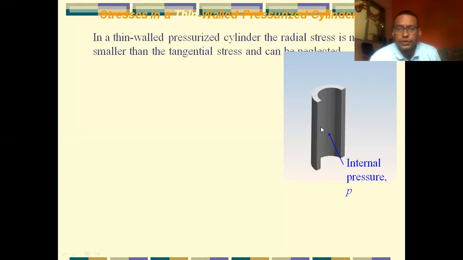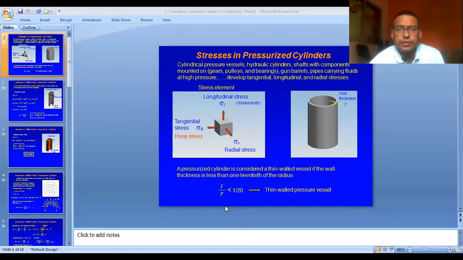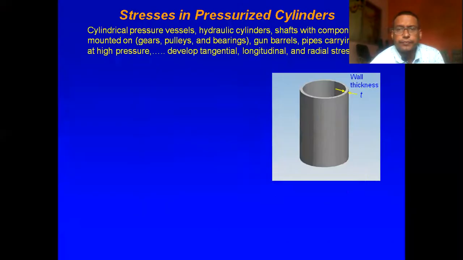That means this is the curvature. Now we will see the different stresses, that is the longitudinal stresses and the radial stresses.